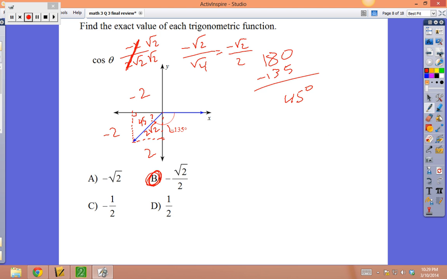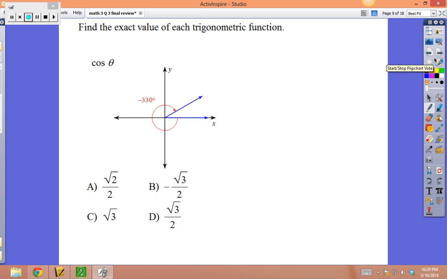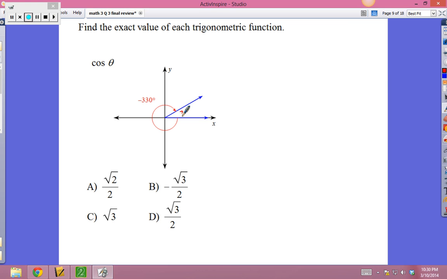Okay, now if we look at negative 330, the angle we're interested in is this sliver right here, because we're going to do the trig off of this 90-degree triangle. So I know a full circle is negative 360. So if I find the difference between the full circle and that partial 330, I know this has to be 30 degrees.